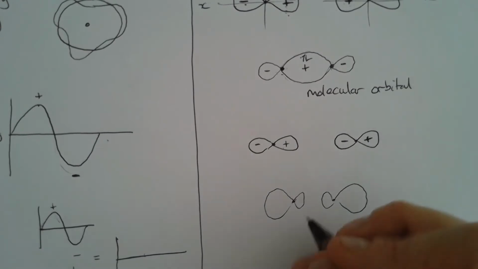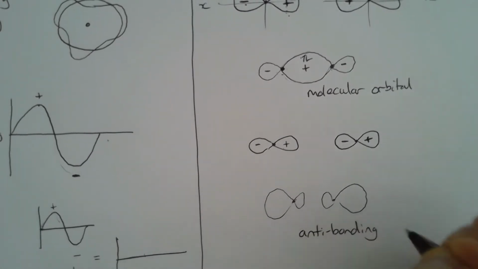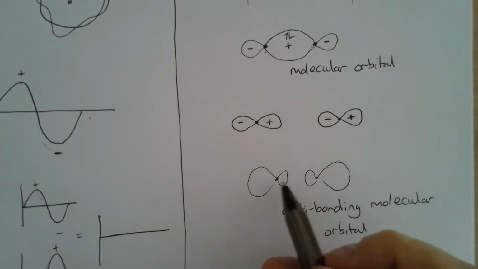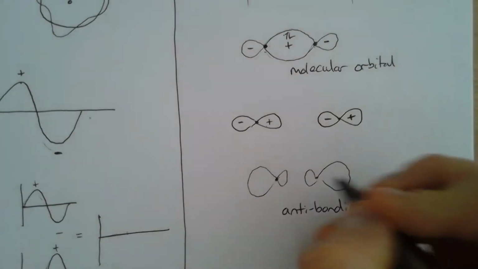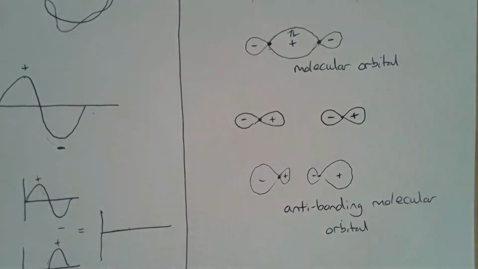And we have here an anti-bonding molecular orbital. So there is no electron density and no probability of finding an electron between the nuclei here. So plus, minus, minus, plus.